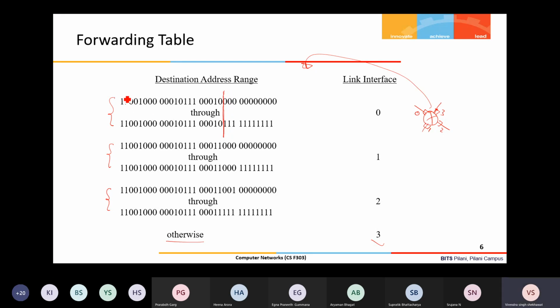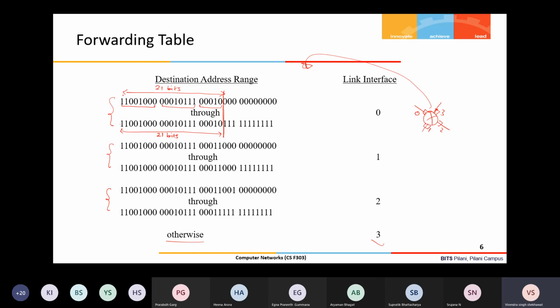How many bits are there? This is 8, 8 plus 8 is 16, 16 plus 5 is 21. So 21 bits of the address are the same.